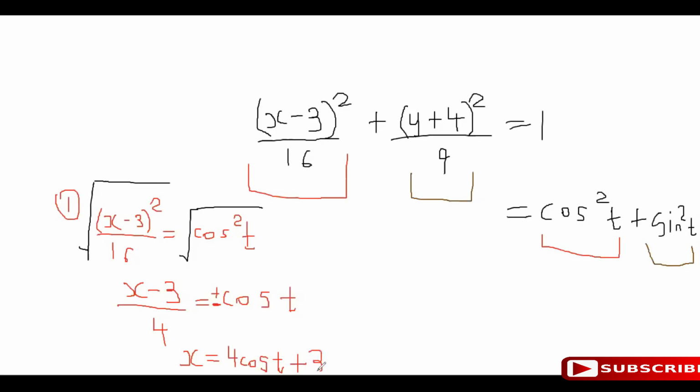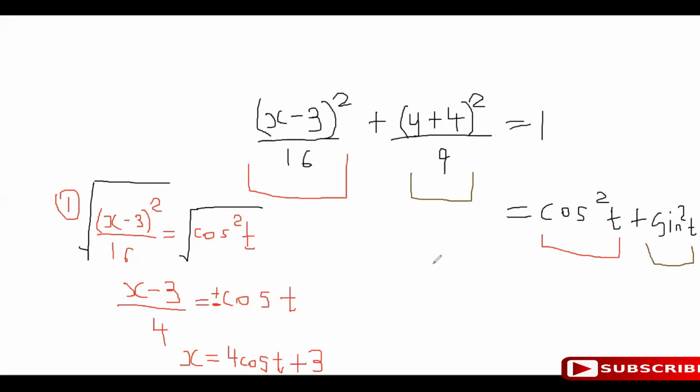Remember, as we said, we get plus or minus when we square root. So x is 4 cosine t plus 3. We'll soon look at the minus one, because we don't know if the solution is going to be for the positive one or the minus one. So let's just keep it for the positive one.